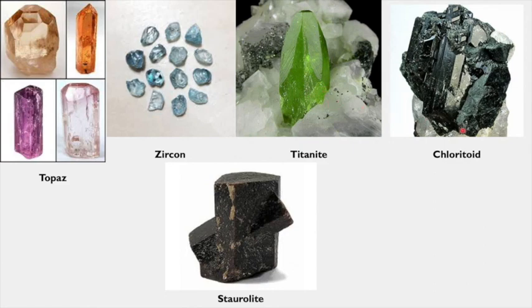Then chloritoid, which is a kind of teal blue or greenish color. Then staurolite, which in this picture doesn't show the transparency of a gem, but there are some varieties which are gem-like.